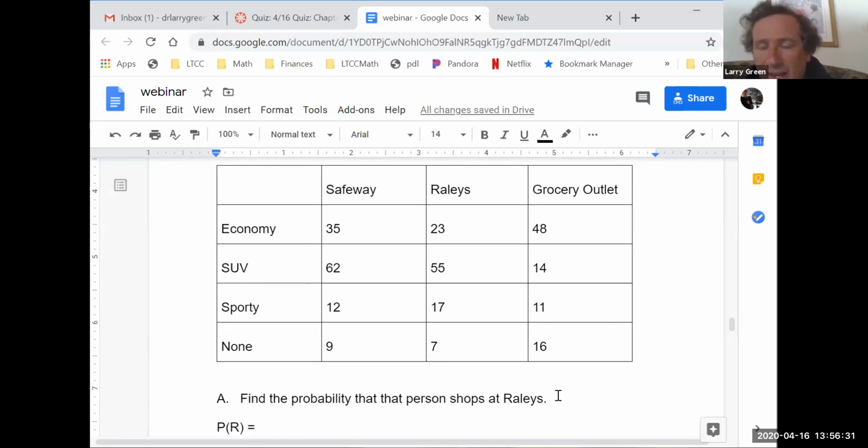Any questions on that? So how many Raley's shoppers were there? Okay, 102. So again, you can use a calculator, whatever it takes. 5 and 3 is 8, and 7 is 15, and 7 more is 22. Carry the 2. 2 plus 2 is 4, and 5 is 9, and 1 is 10. You get the 102.